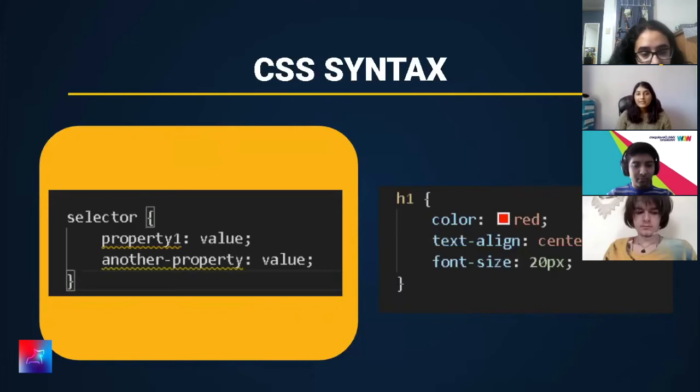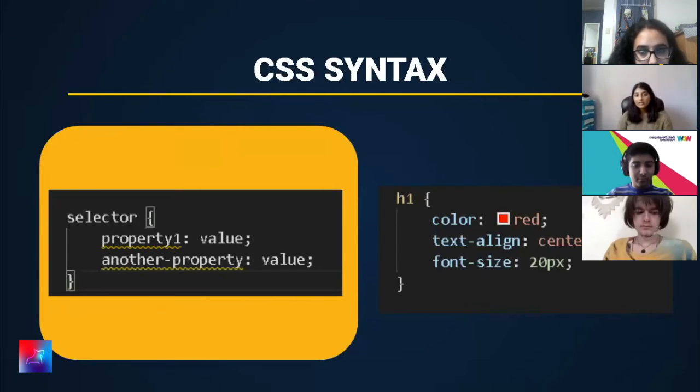Then the properties depend on what type of selector you're using. For example, if you have paragraph, it can have properties like color and things like that, but paragraph won't have border collapse, which a table does, because there's no border to collapse. And also, different properties have different numbers of values that you can add.